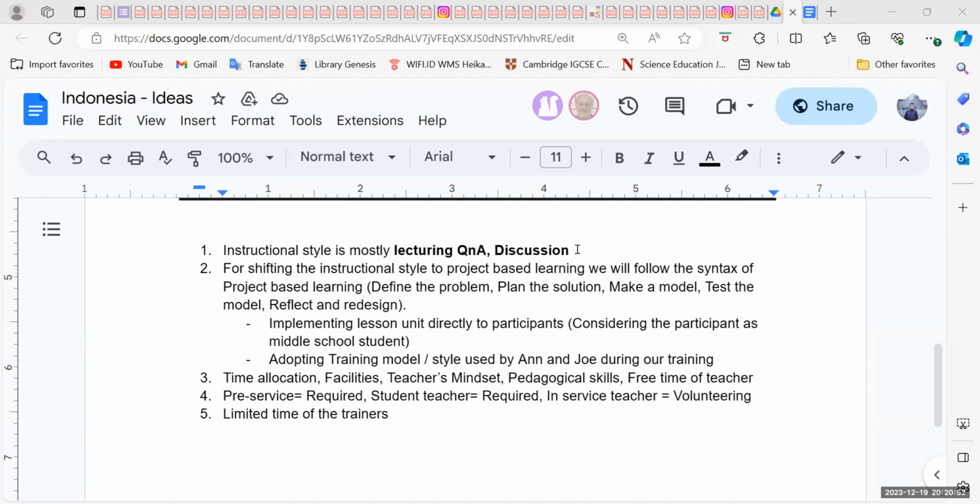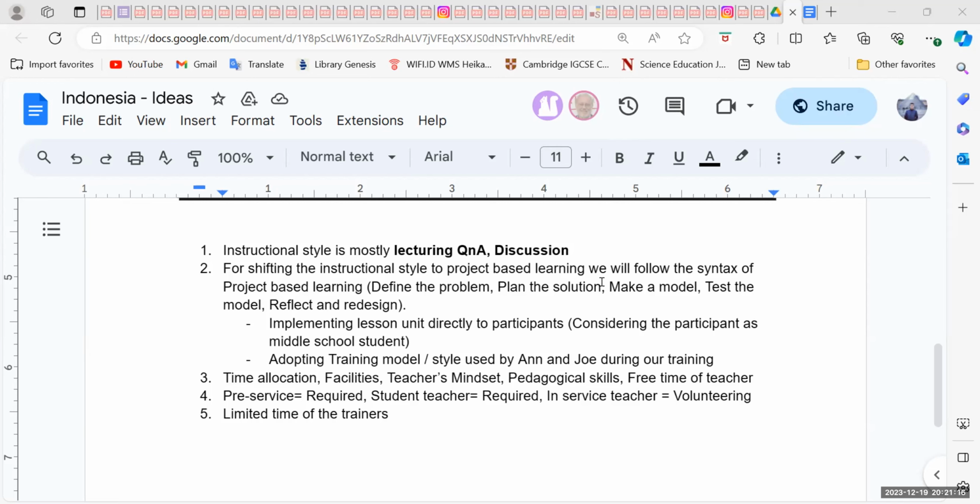The students feel better if they get explanations from the teachers. Currently the new curriculum has been implemented in Indonesia, and we changed the instructional style from lecturing to project-based or problem-based. I don't know the result, since it's just one year of implementation.